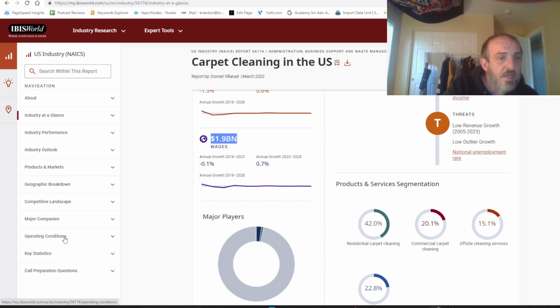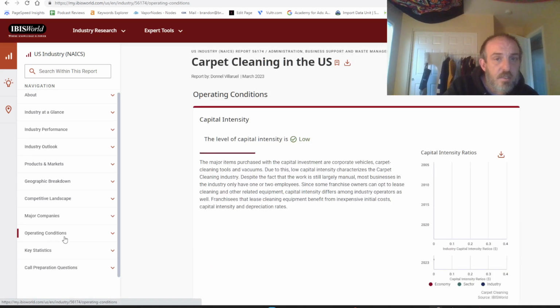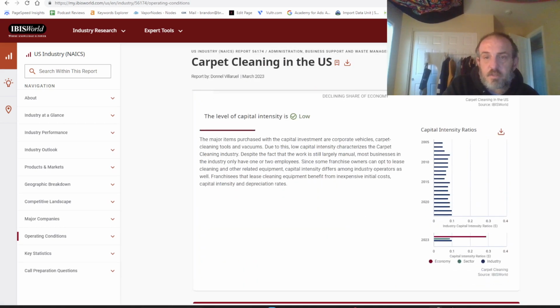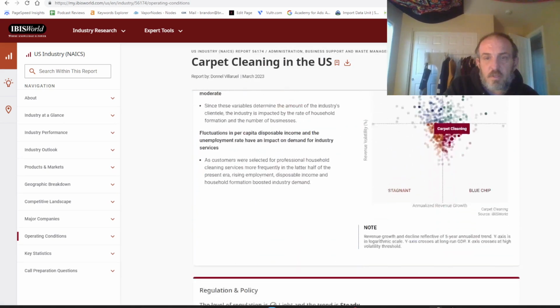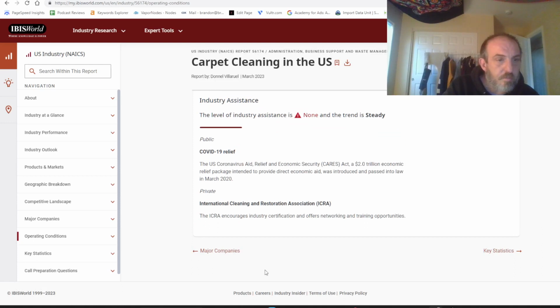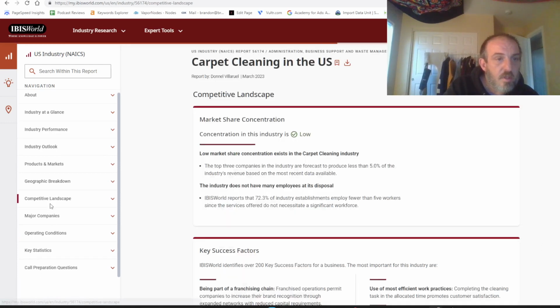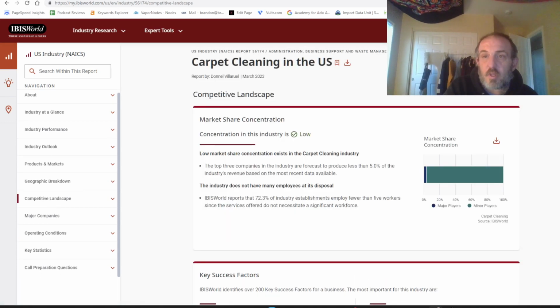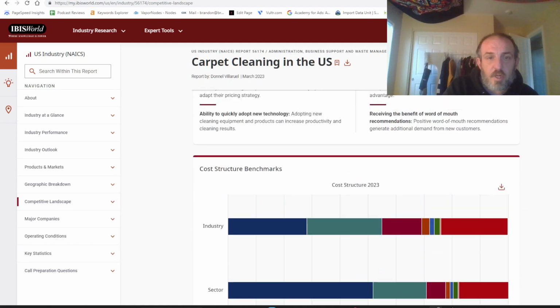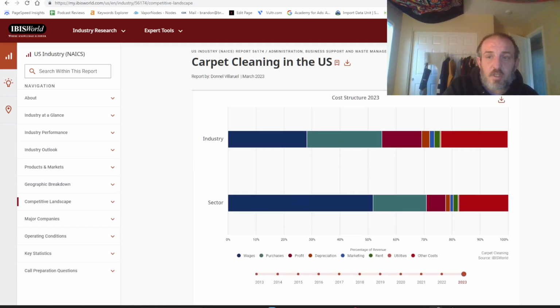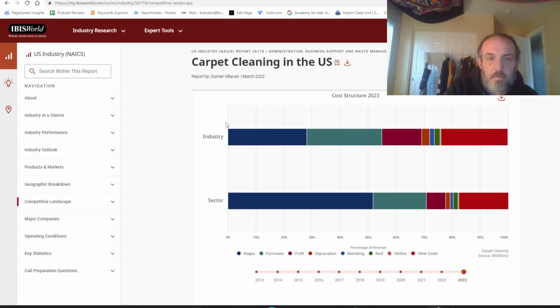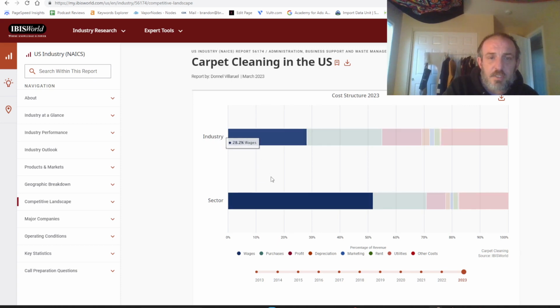So the next page I really like, I think it's this one. No. There it is, the cost structure benchmarks. Now, I don't use these directly most of the time.